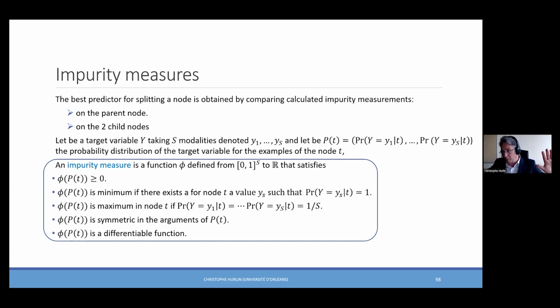So I have two potential binary divisions, and I compare them in terms of reduction in the impurity measure. I will prefer gender at a given node if it allows me to reach purer child nodes than a binary separation based on income. This is clear? I will discuss this point and we will do an example.